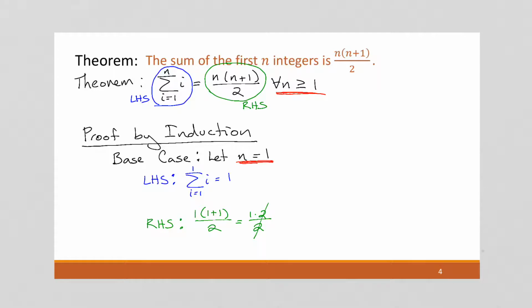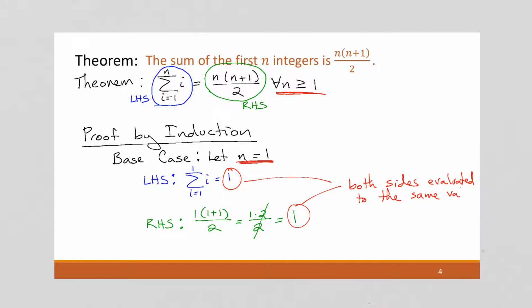The 2's cancel, and we get a 1. So both sides evaluated to the same answer, which means our base case holds.